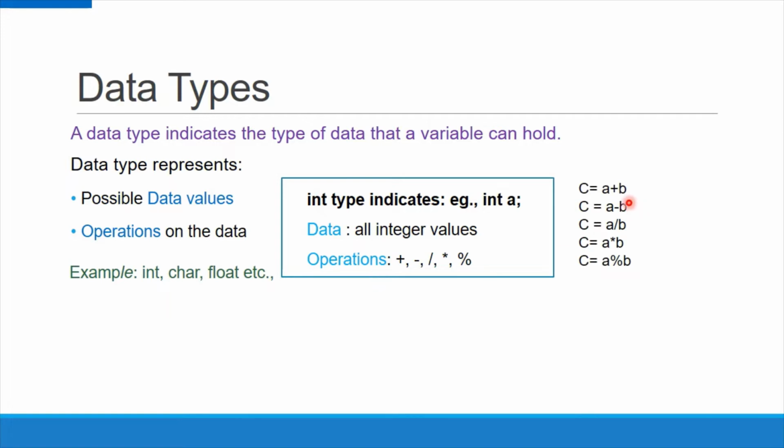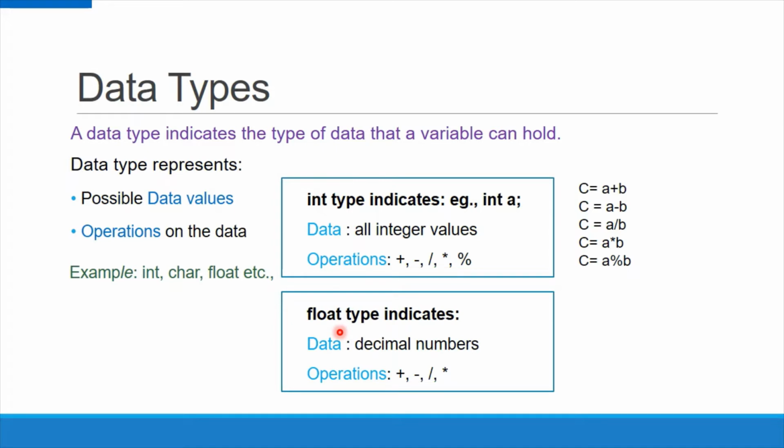Operations like addition, subtraction, division, multiplication, and modulo are also possible with int data type. But if you want to store a character value like A, B, C, that is not possible with this integer data type. Let me show you another example.